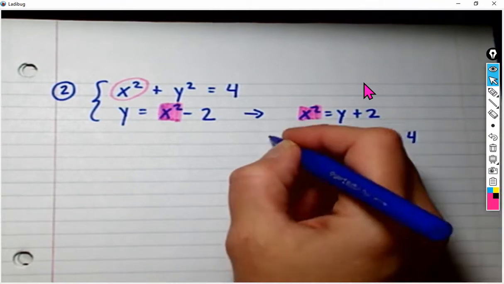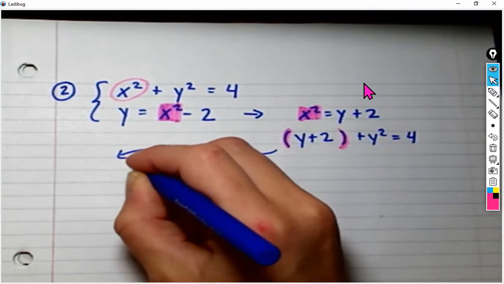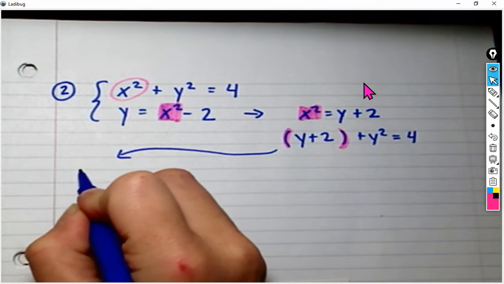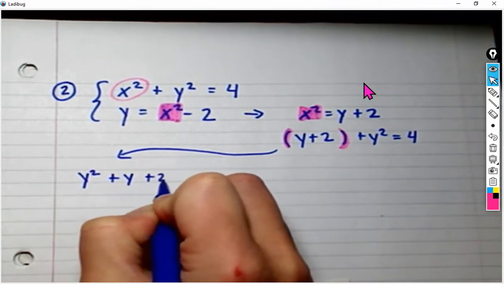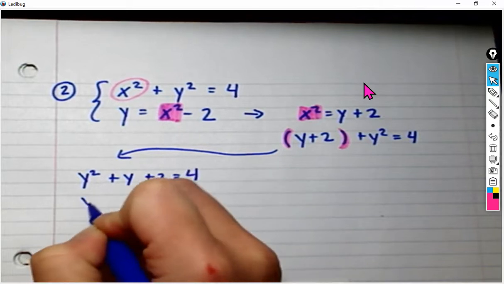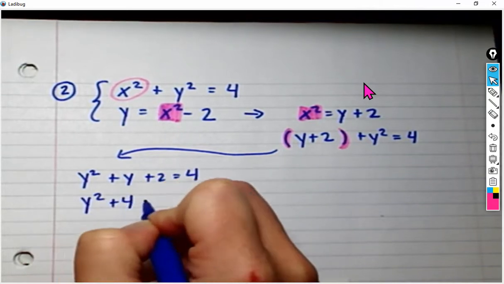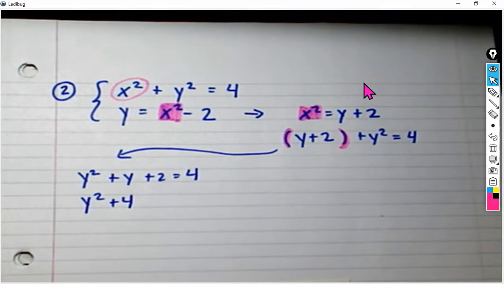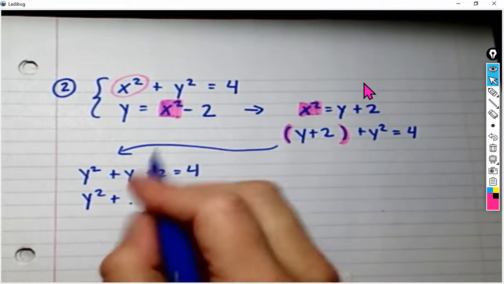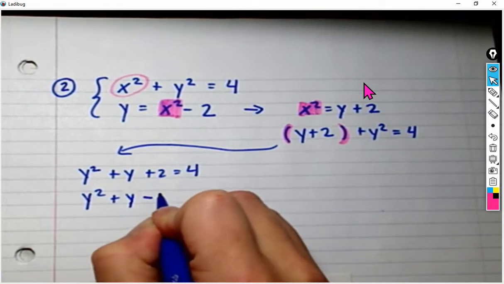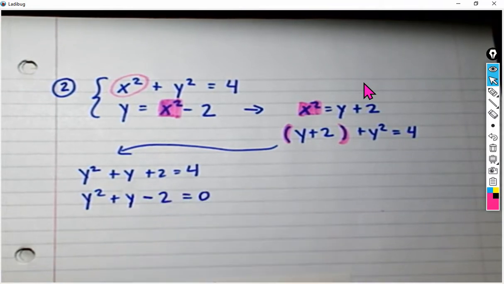Okay, so I'm going to just bring it over here as I start to simplify and combine: y squared plus y plus 2, so y squared plus y, plus y minus 2 equals 0. Notice that this is quadratic and the other one was quartic.